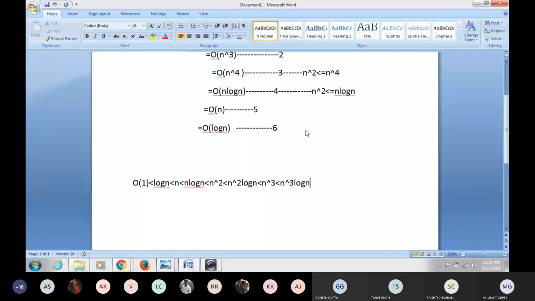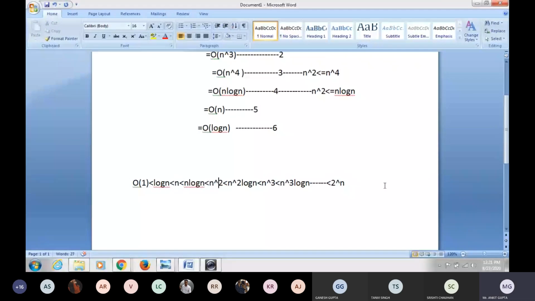In the last, the exponential term will come. So this is the complexity order: order of 1 is less than log n, log n is less than n, n is less than n log n, and so on.